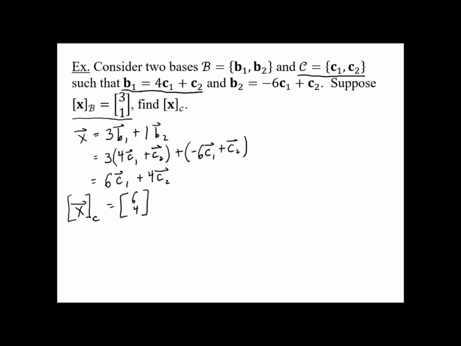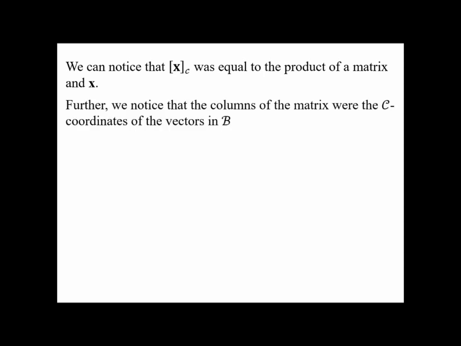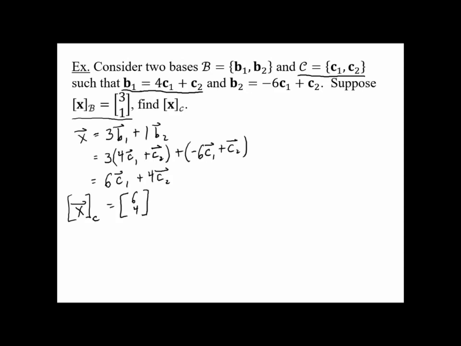So another way to think about it would be this. The observation I want to make here is that the C coordinates of X was equal to the product of a matrix and X. And that matrix is this matrix.